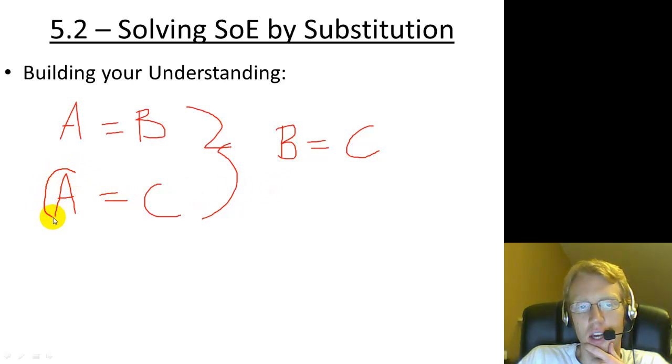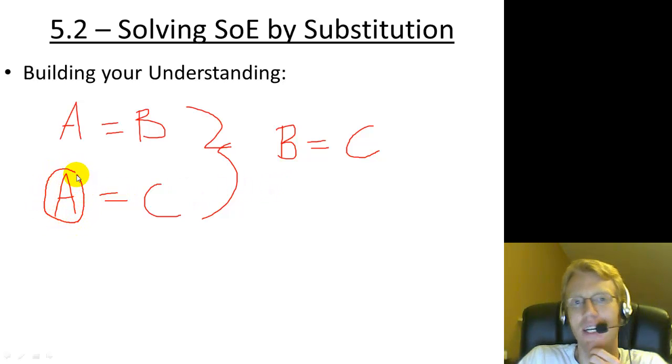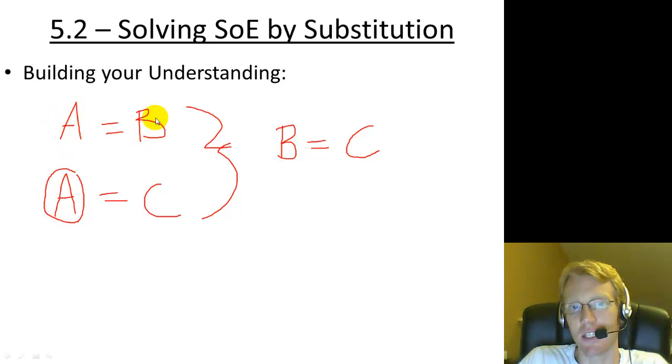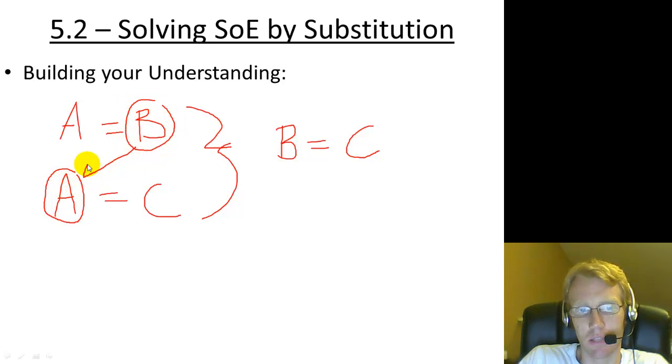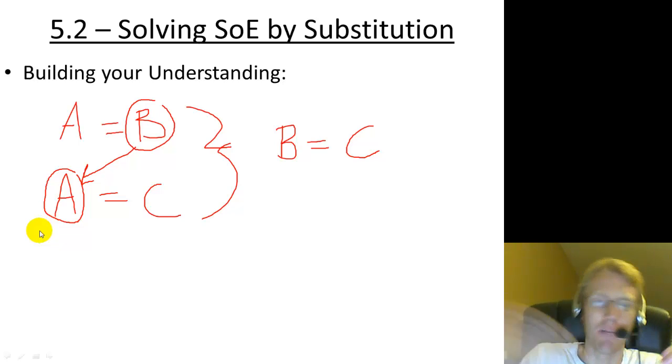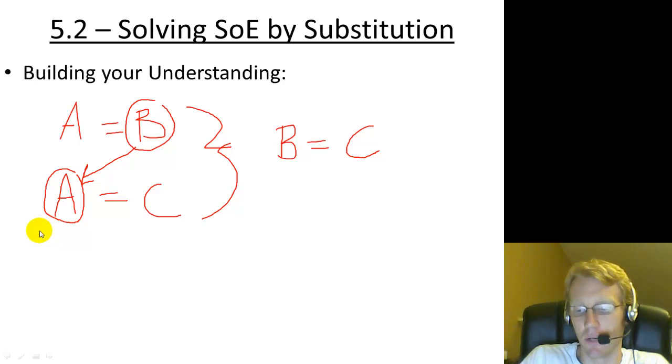In this A right here, you can plug in something else that's equivalent to it. From our first equation, we know that A is equal to B. So in place of this A, we can stick in this B, and then we would have B equals C, which is what we have here. It's a very abstract thing, but the idea is you're plugging one thing in place of another thing that's equivalent to it.